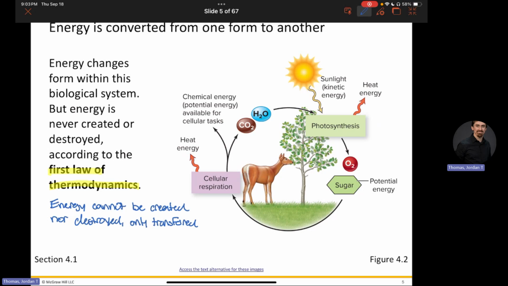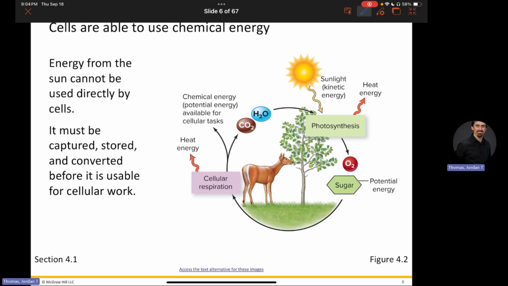And within biology, we have two examples of this happening: cellular respiration and photosynthesis. So, cells are able to use chemical energy, which is the energy within a bond.